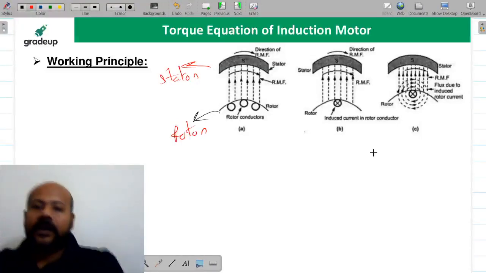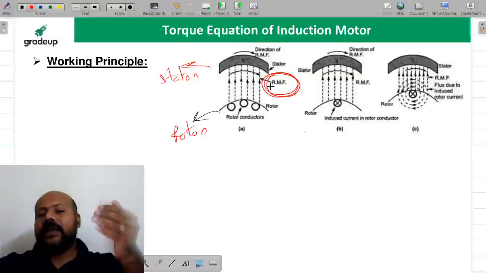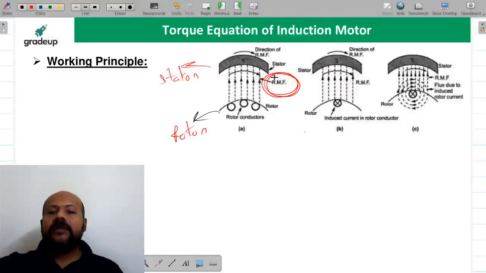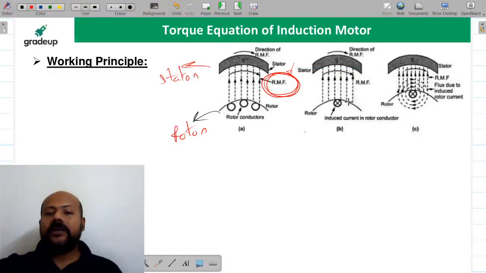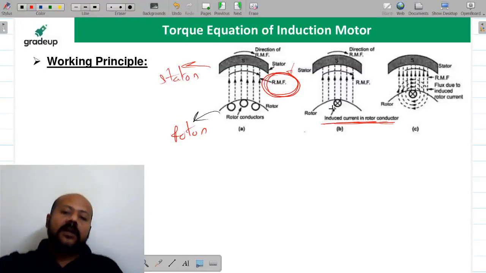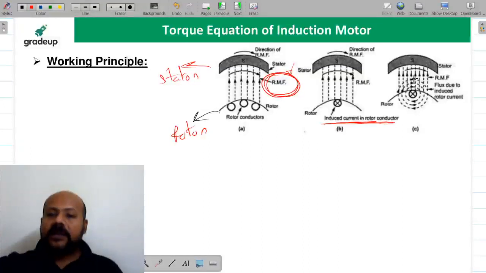Now, the moment there is going to be a rotating magnetic field because of the currents in the stator winding, this flux is going to cut the rotor windings and there is going to be some induced current in the rotor conductors. The moment there is current in the rotor conductors, this current is going to have its own flux and there is going to be some distortion.